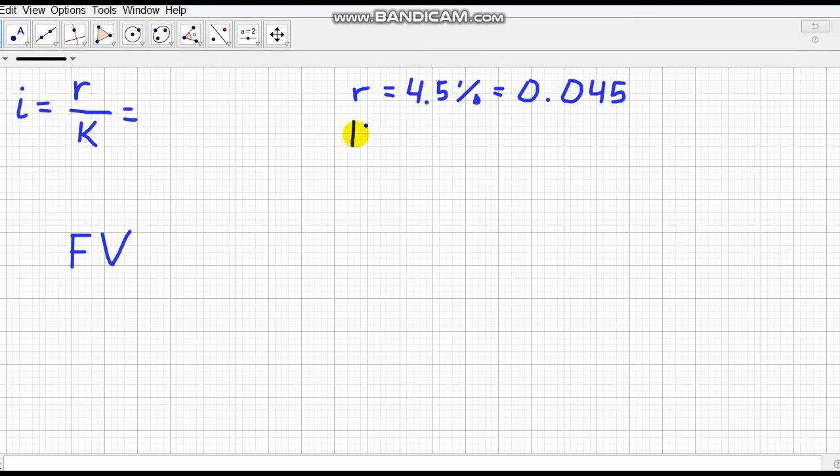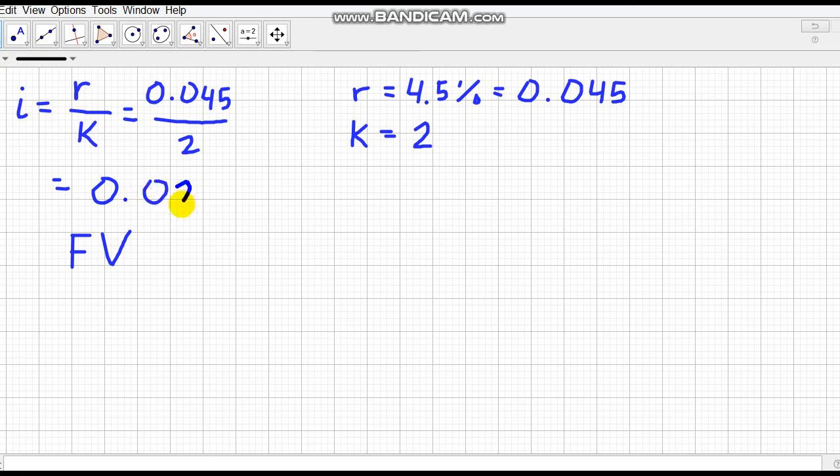And K is the rate of compounding. Since it is semi-annual, K is equal to 2. So our I would be 0.045 divided by 2, and as such, this is equal to 0.0225. So that will be our interest rate.